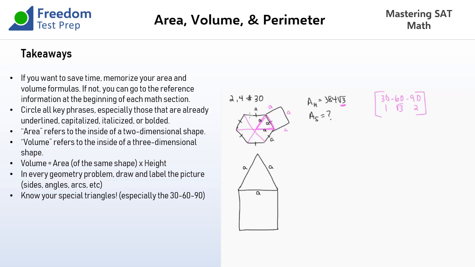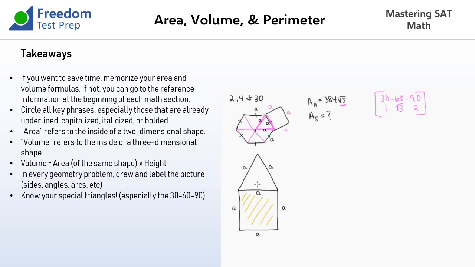So if every side on the hexagon is equal, then every line is going to be equal, extending from the center to each vertex. Okay, so this is what we've got so far. Now, what we need to do is we need to figure out what A is. Because once we know what A is, we know we're going to be able to figure out the area of this square. And that is, right, that's just all the stuff inside this square.